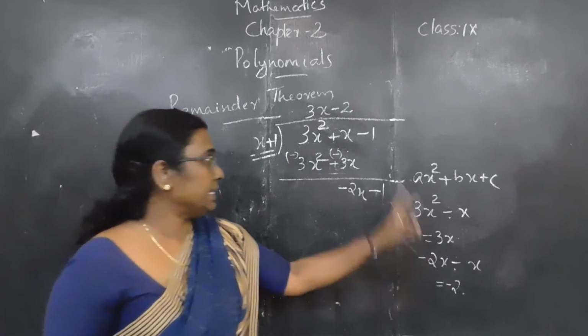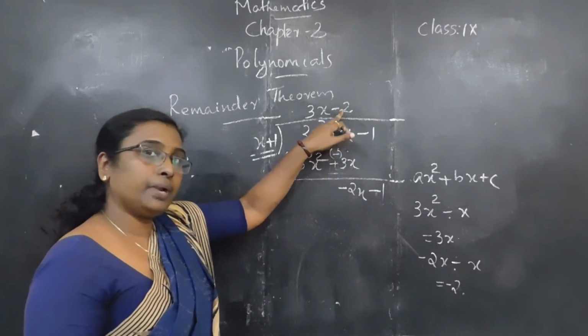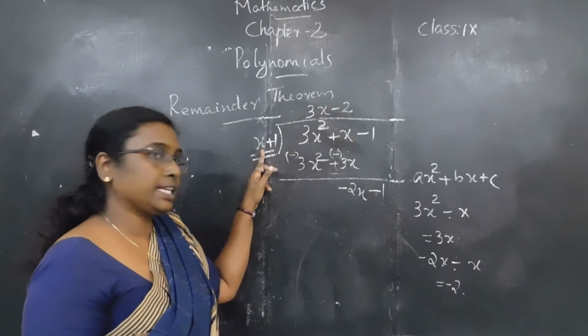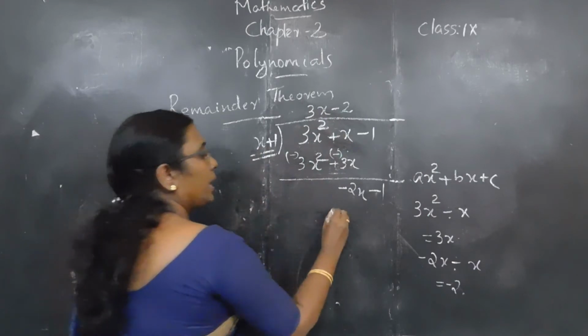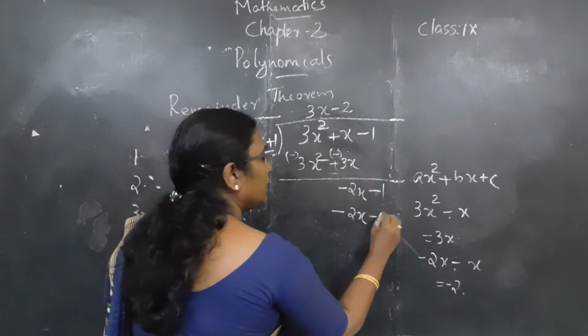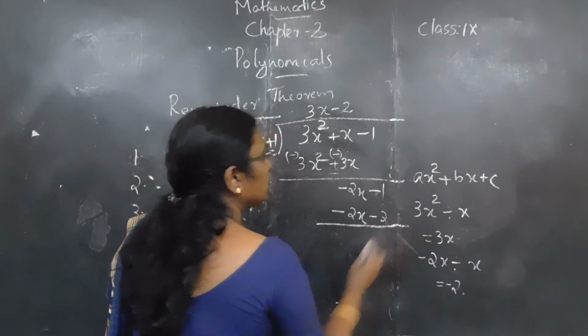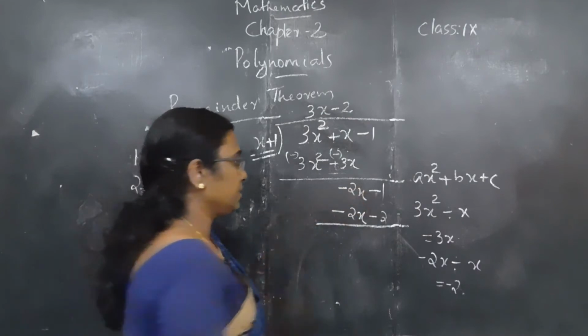This is the second term of the quotient. Then as above, multiply minus 2 by x plus 1. Minus 2 into x, minus 2x. Minus 2 into plus 1, minus 2. Then subtract this polynomial from this new dividend.